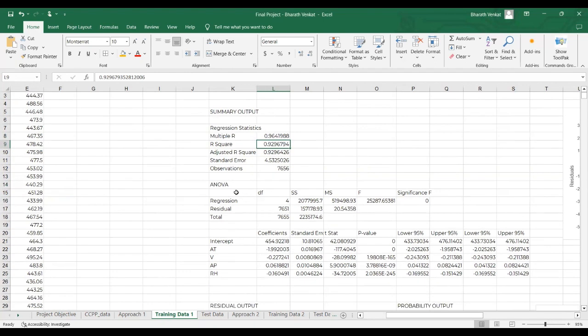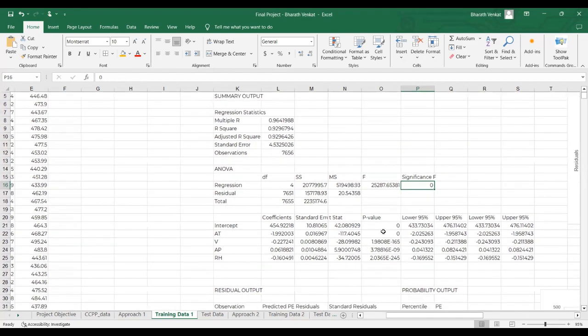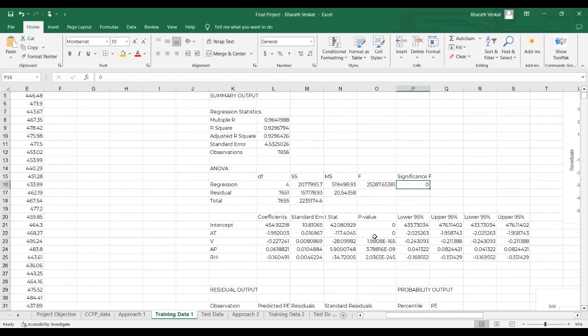The ANOVA results are also pretty good. The significance of all four variables being statistically significant was validated by the significance F value being very, very close to 0. Let's look at the p-value for each of these variables, which shows that they are less than 0.05.